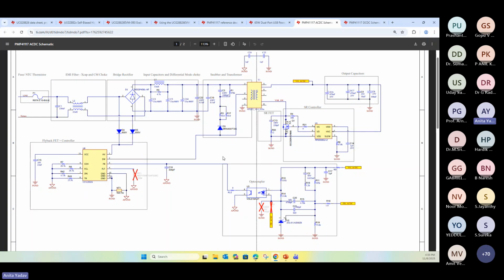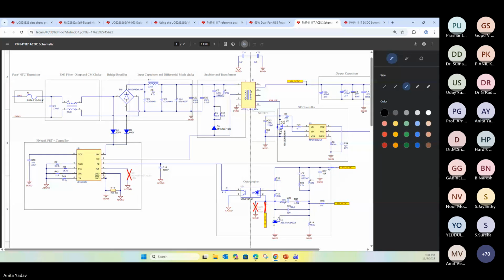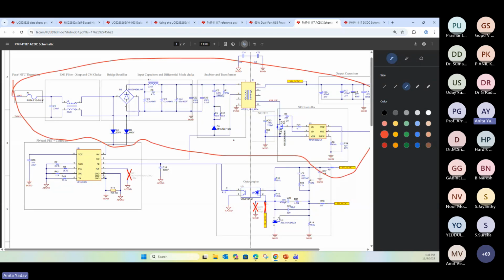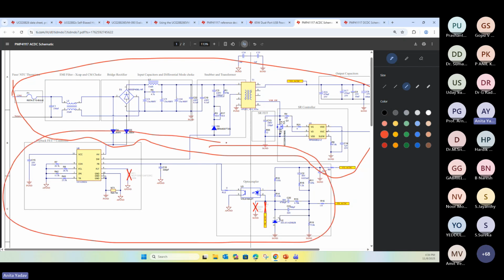So this is your power stage. If I classify, from here to here it comes as the power stage, and from here to here this is called your feedback stage.